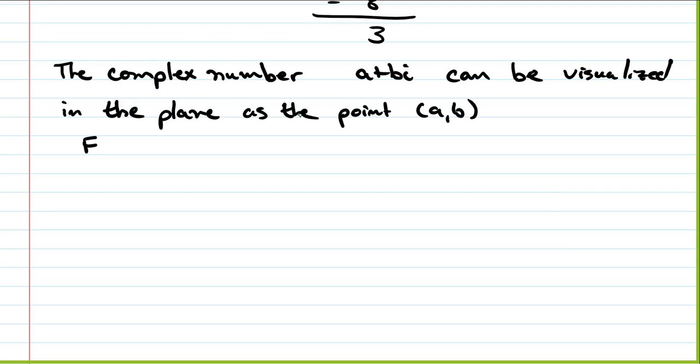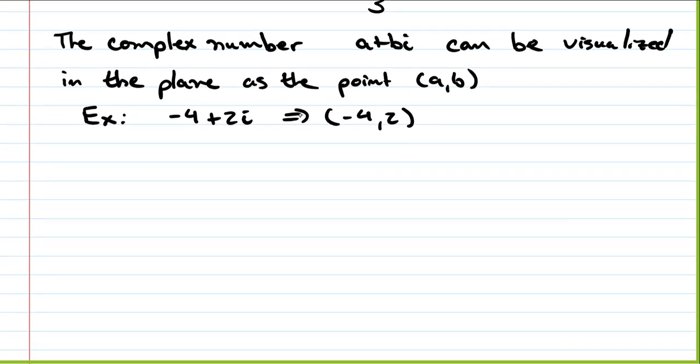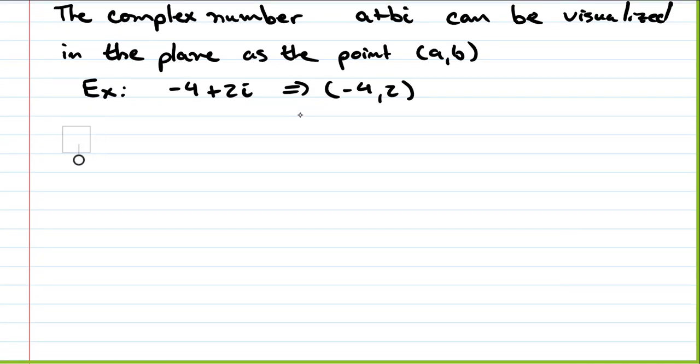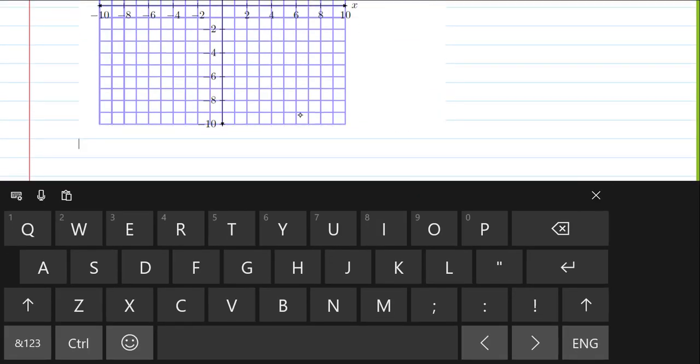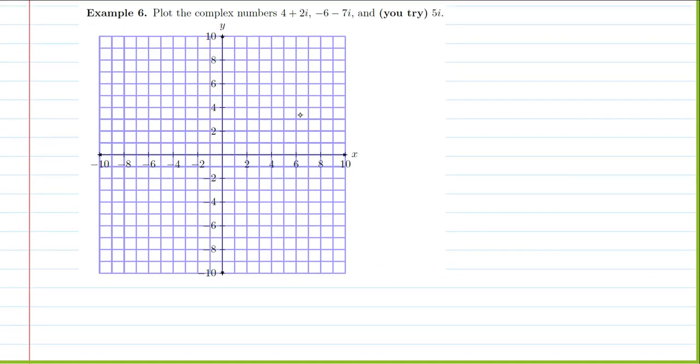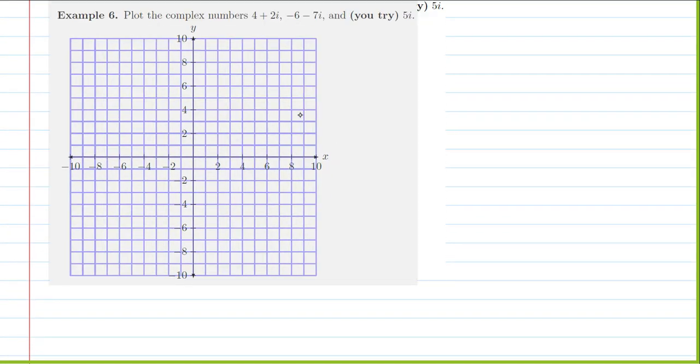So, for example, the complex number negative 4 plus 2i could be visualized as the point (negative 4, 2). So we could then use this relationship to help us graph complex numbers.